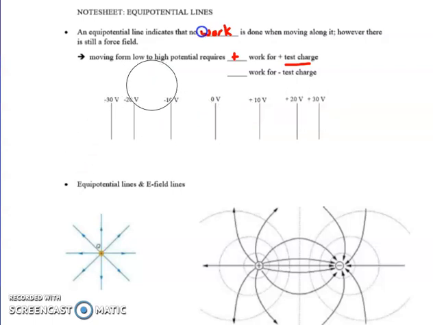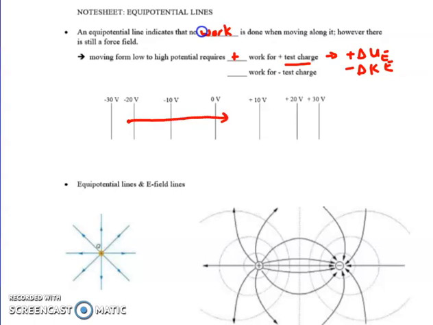And why do we care that we're doing positive work? Because that goes towards a positive gain in potential energy, or a loss in kinetic energy. So I could have something that's initially stationary and I'm just moving it this way.